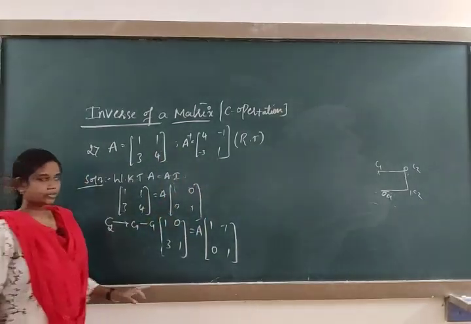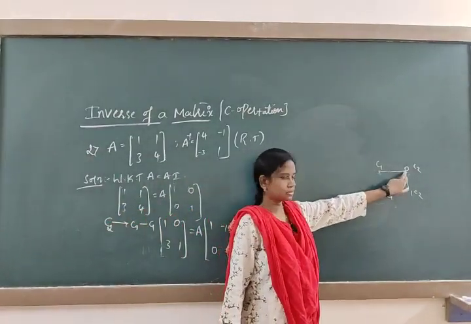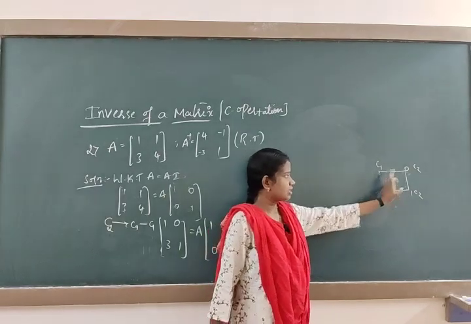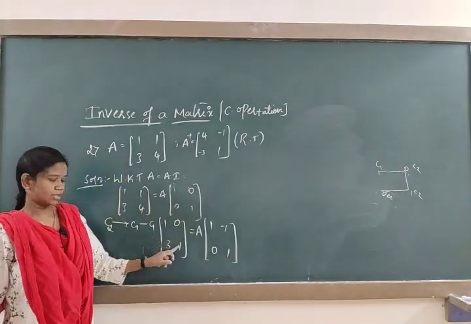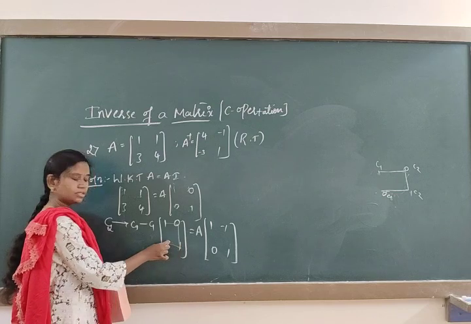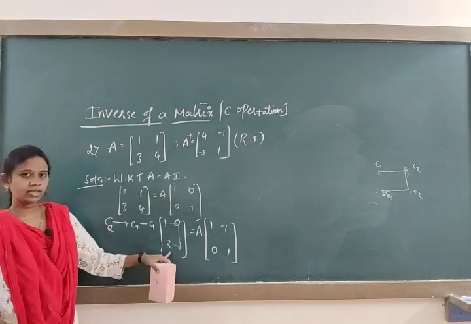Now we have to look at the figure. First this line, second this point, third this vertex, and fourth this one. 1 0 1. We have completed this one. Now it is the turn of the 3. Plus 3 is to be converted to 0. How to convert it to 0?